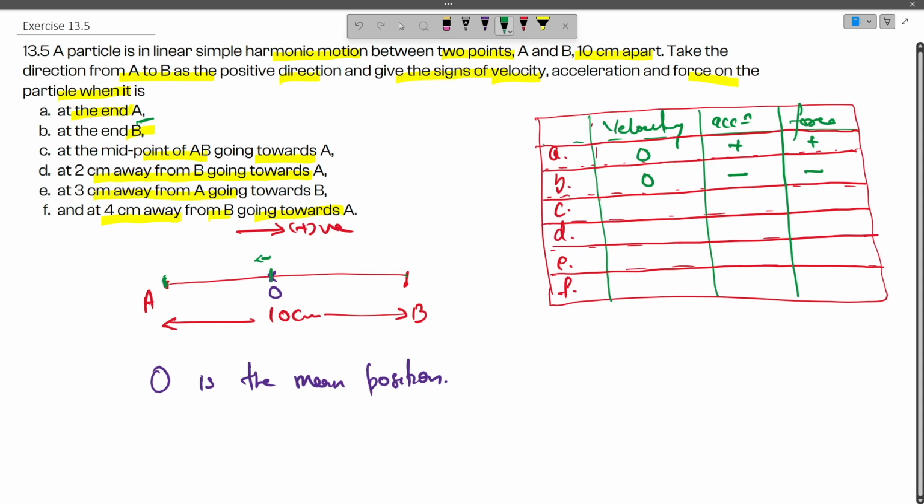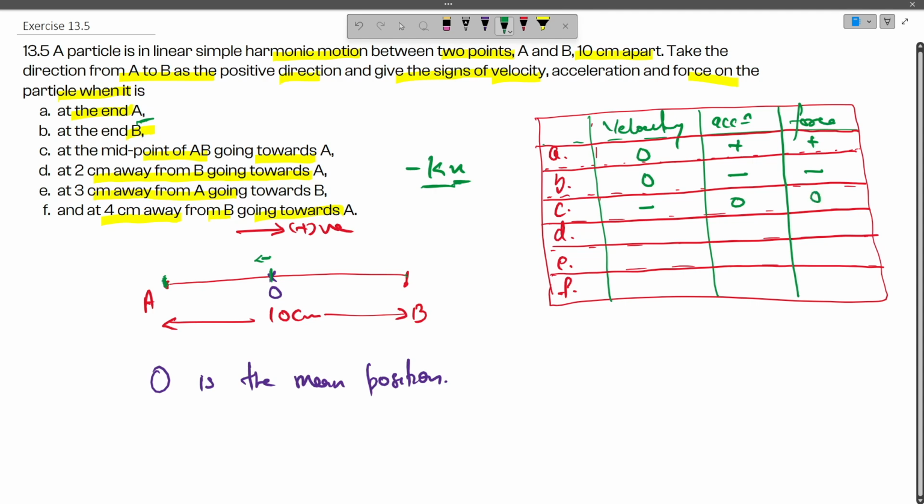So its velocity would be negative, as the direction towards A is considered negative over here, and the acceleration would be 0, because in SHM the force is governed by the equation minus kx, where x is the position, and when position is equal to 0, or the particle is at the mean position, then its force magnitude is going to be 0. So acceleration is going to be 0, and force is also going to be 0.